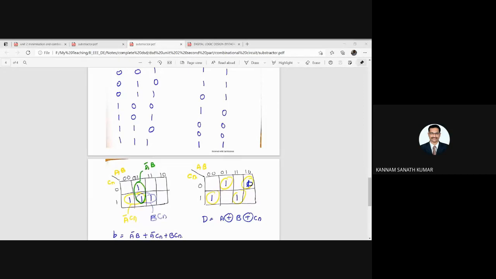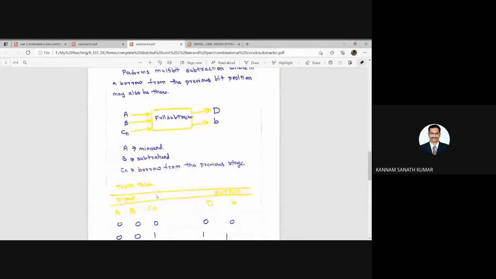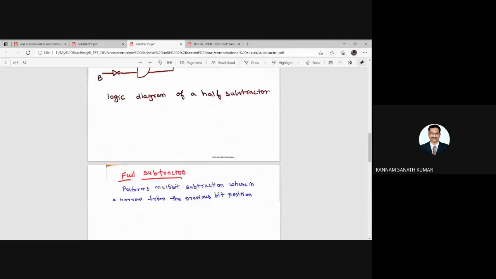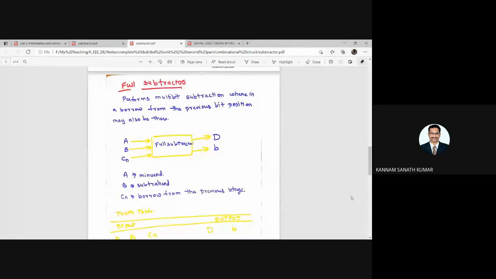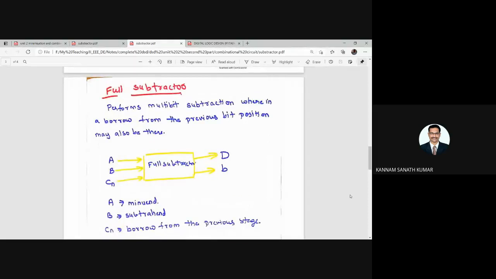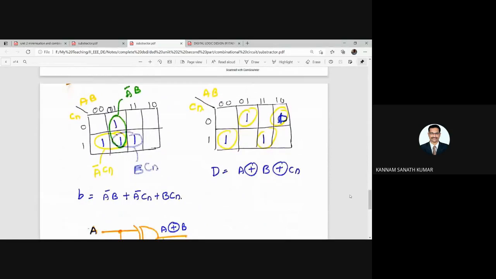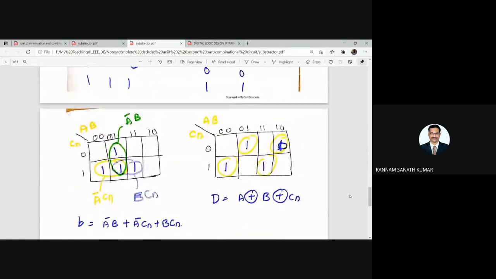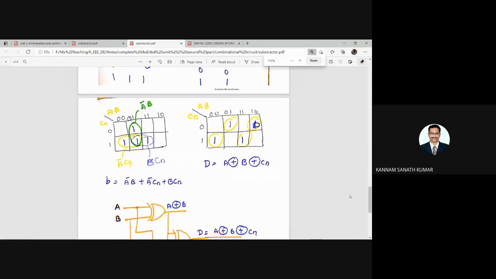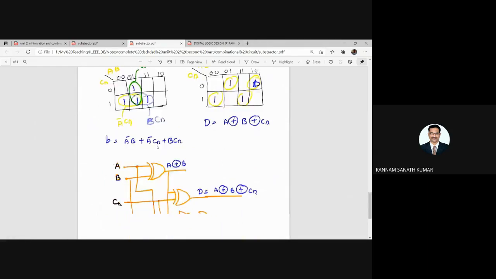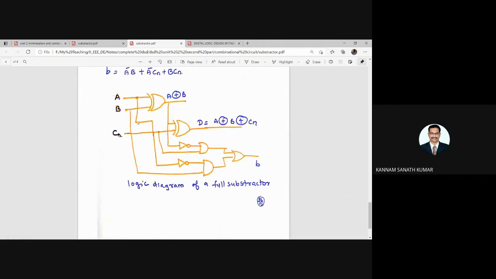See here, this is the full subtractor. So here you can apply the K-map. By seeing the truth table, you can get the K-map for the difference as well as borrow. So like this you can execute the logic diagram for the full subtractor.